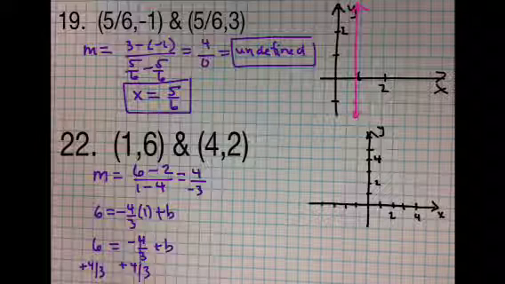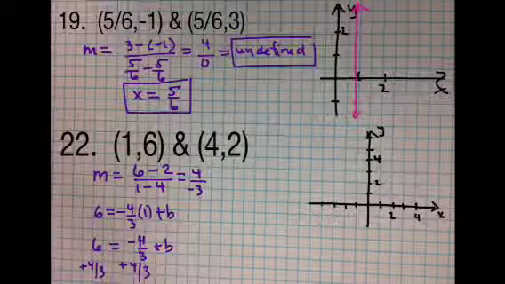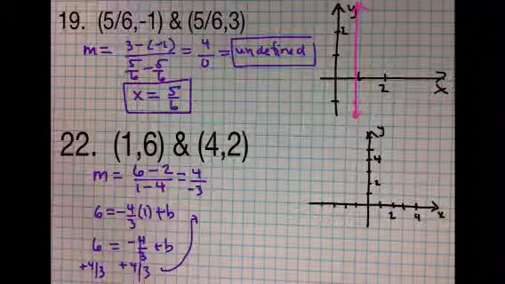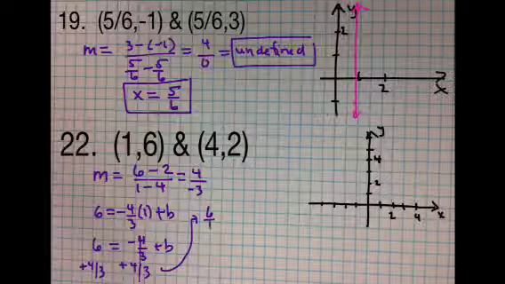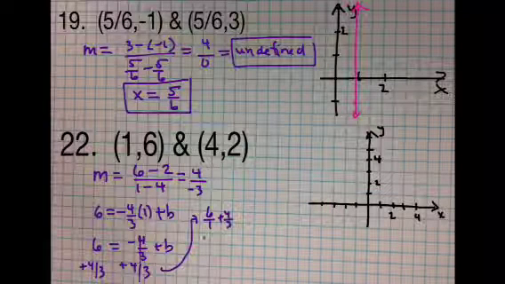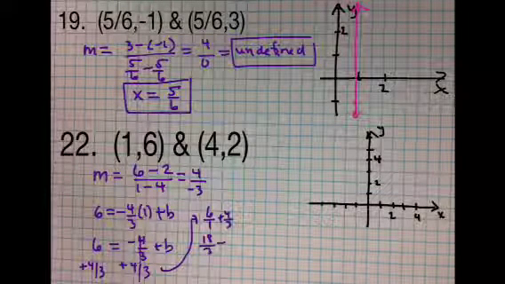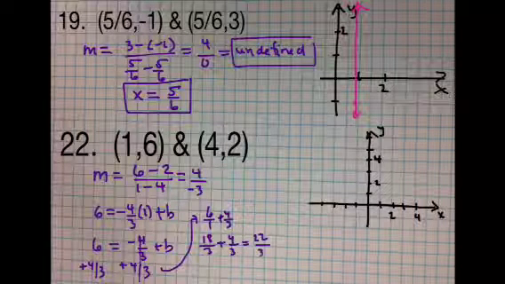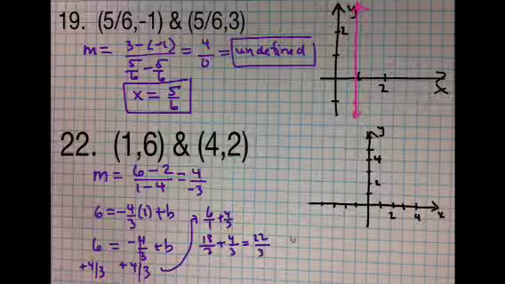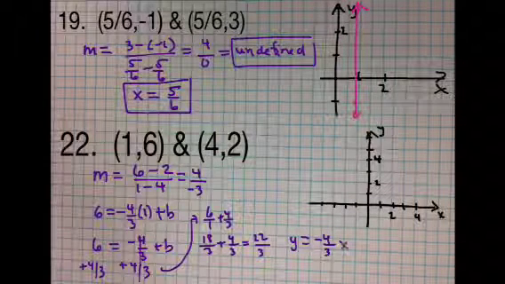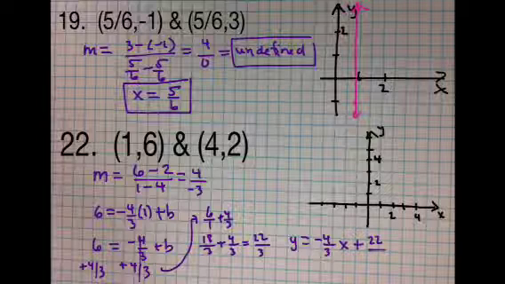And so 6 plus 4/3, well, remember, I'm going to just show the work right here. 6 over 1 plus 4 thirds. Common denominator is 3, so that's 18 thirds plus 4 thirds, which is 22 thirds. So the equation is y equals negative 4 thirds x plus 22 thirds.